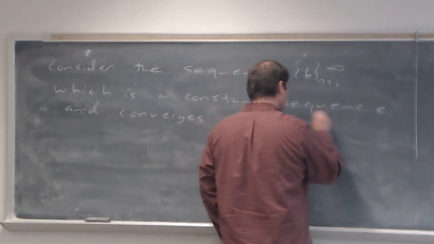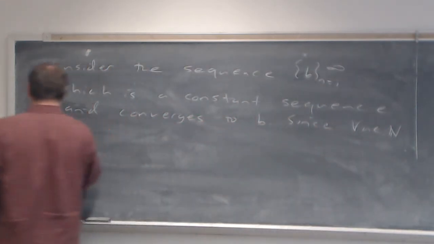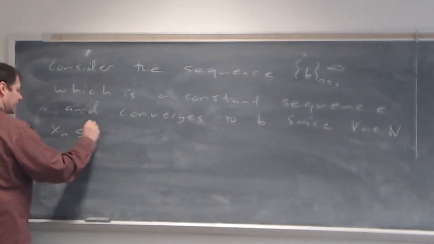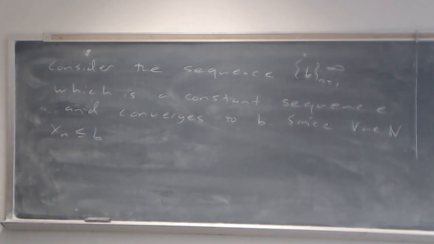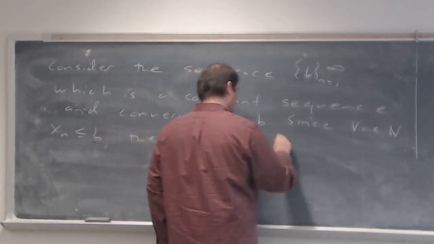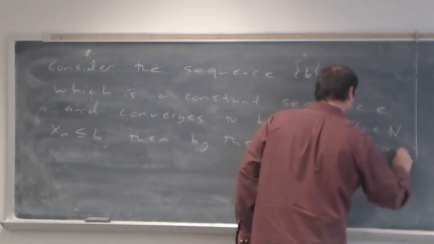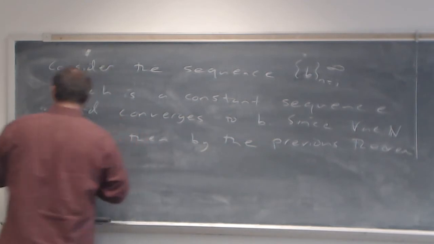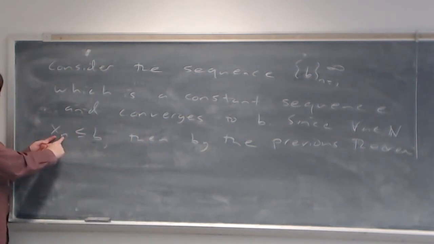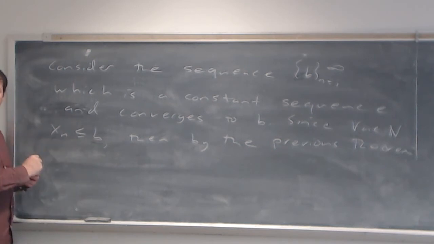Since for all n an element of the natural numbers, we have x of n is less than or equal to b, and x of n converges to x, and the constant sequence b converges to b, then by the previous theorem, the limit of the x of n's is less than or equal to the limit of the constant sequence b.